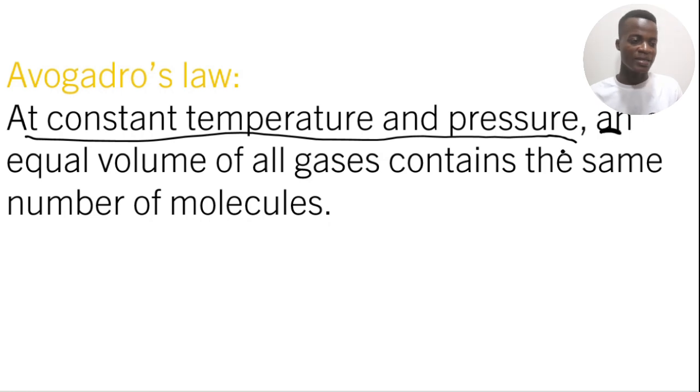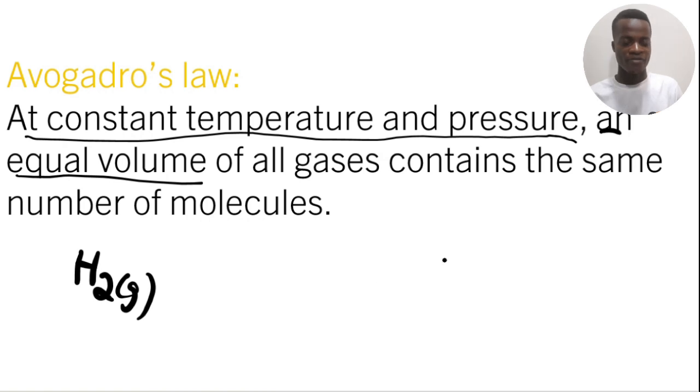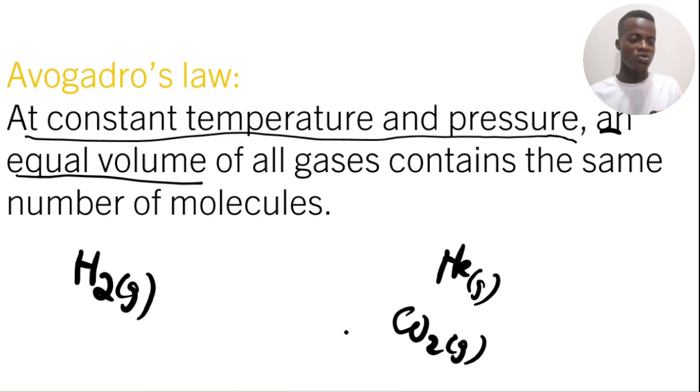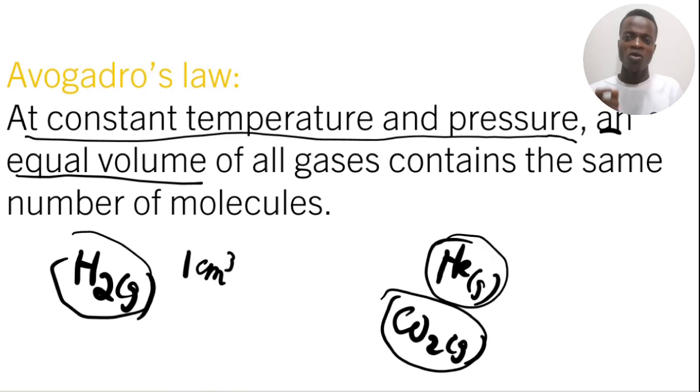So if I have a gas, let's say hydrogen gas, and then let's say helium gas or CO2 gas, carbon dioxide gas. If these three gases are at the same temperature and pressure, and I take 1 cm cube of each of them, all of them are going to contain the same number of molecules. That's what we mean by this statement.